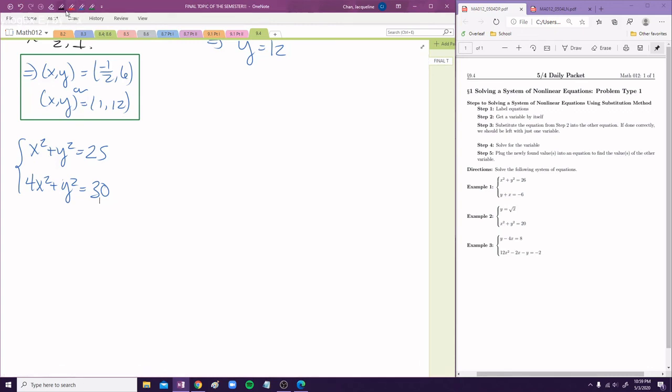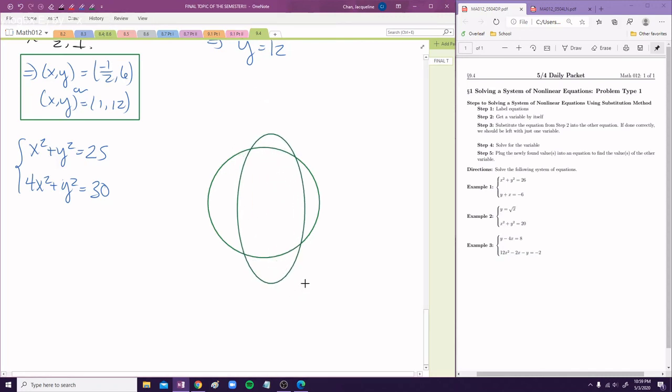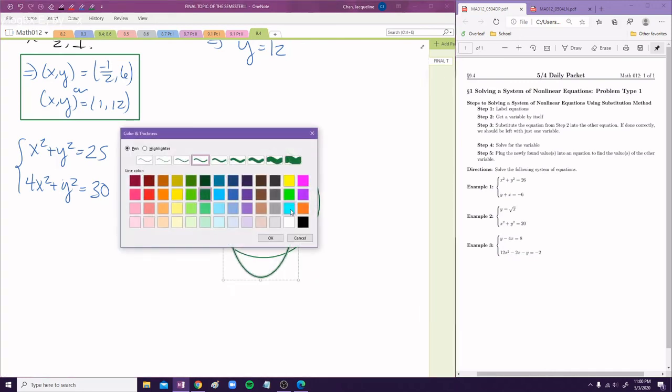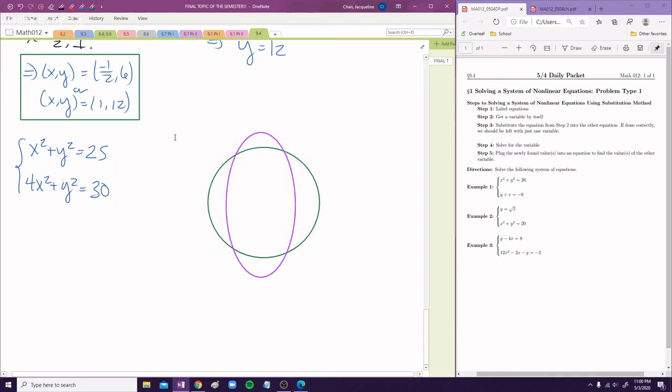That's telling me I would have a circle with radius 5 centered at the origin. And this one, we haven't talked about this. This would be like an ellipse, right? So it's going to be something like this. I don't know, very, very rough. Let me move it and change its color. So we could have something that looks like this.